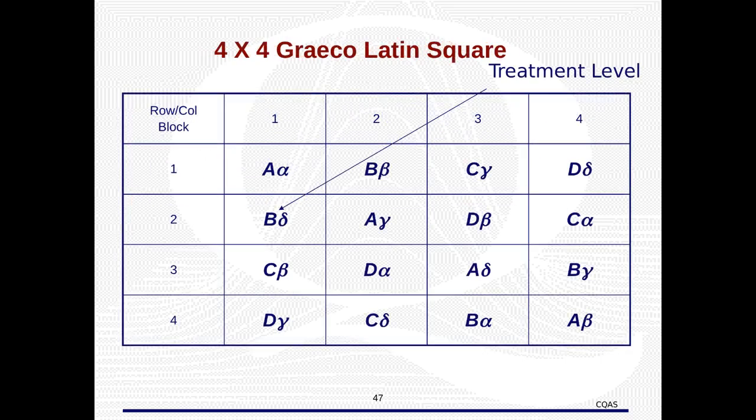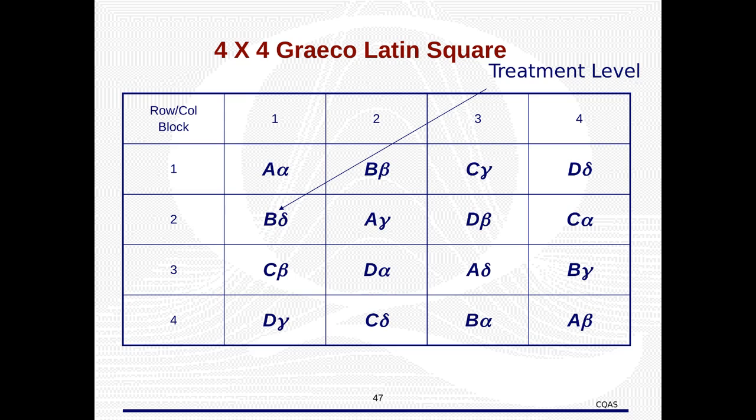Now we examine a concrete example of a 4x4 Graeco Latin square design. This particular configuration demonstrates how we simultaneously control three blocking variables while testing a single treatment factor across 4 levels. Notice the structure. Rows represent one blocking dimension, columns represent a second blocking dimension, and the Greek letters superimposed on the Latin letters represent the third blocking variable.